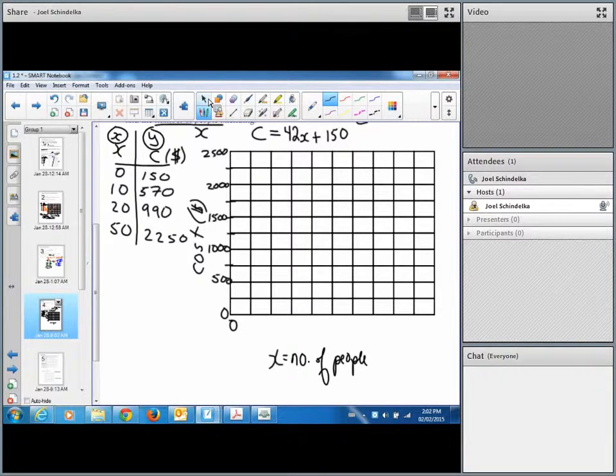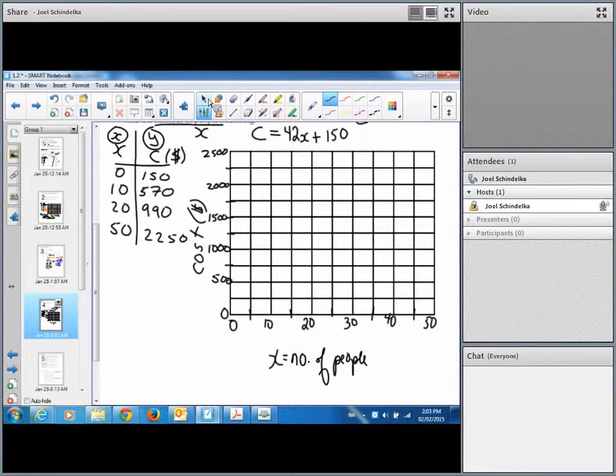Now the number of people we want to fit in there is 50 people. Even though we don't have 5, we'll go 5, 10, 15, 20, 25, 30, 35, 40, 45, 50. There, we'll use up the full graph.